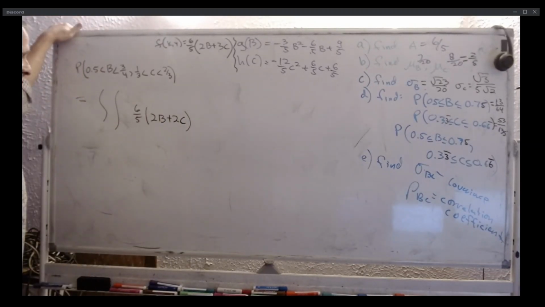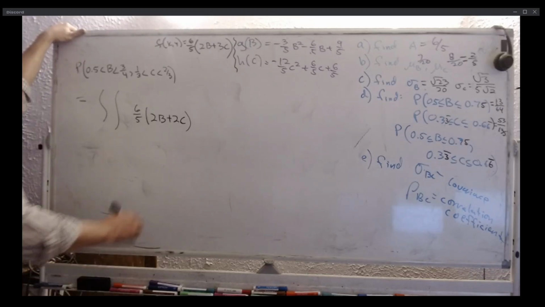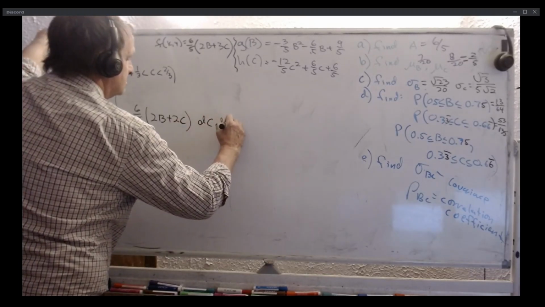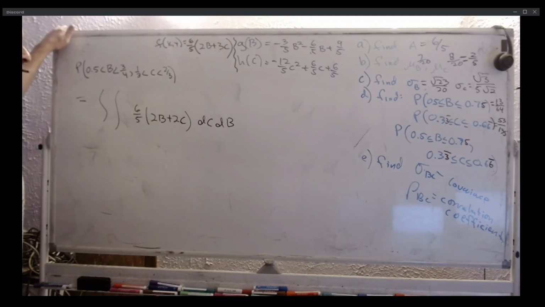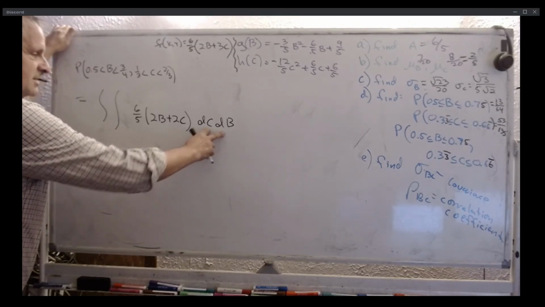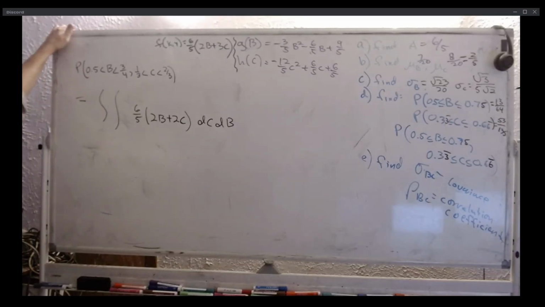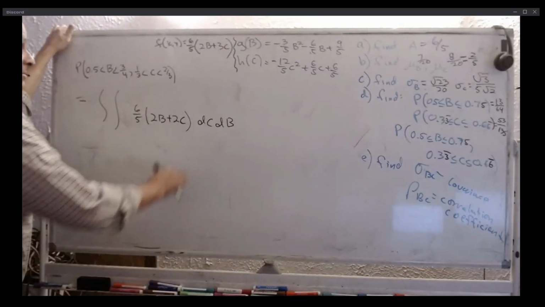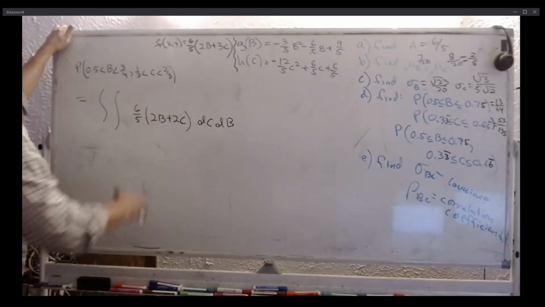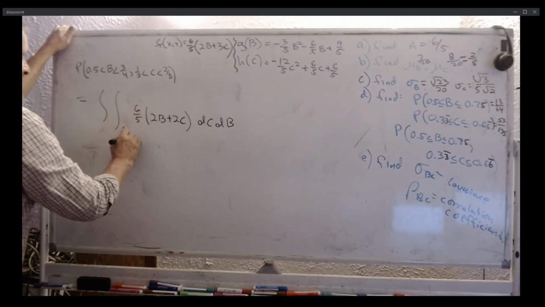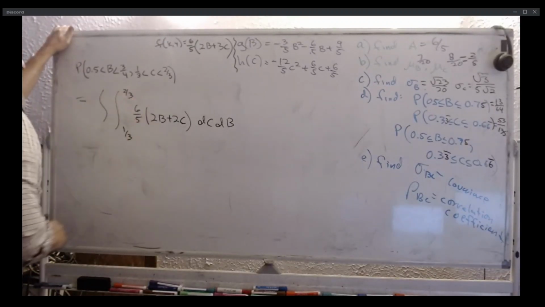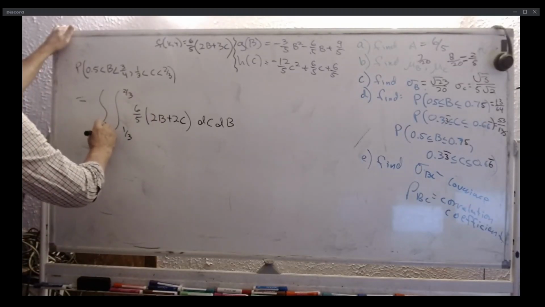I think I want B to be the outer. Okay. Just because I like 1/2 more. I don't know. I'll buy that. Does anyone have any problem with this? I guess if you do, you can integrate it the other way, and we should get the same answer, should we not? Should, yeah. Right? We better. So the bounds of C are 1/3 and 2/3, right? Right. What are the bounds of B? 1/2 and 3/4.